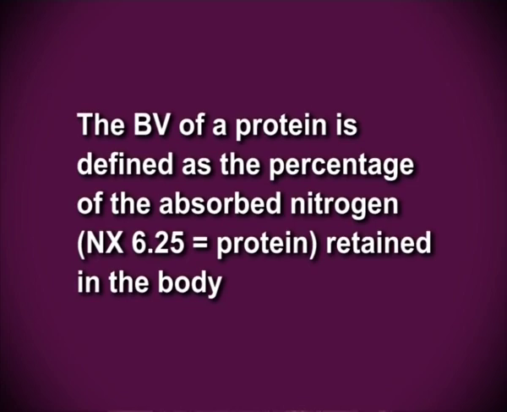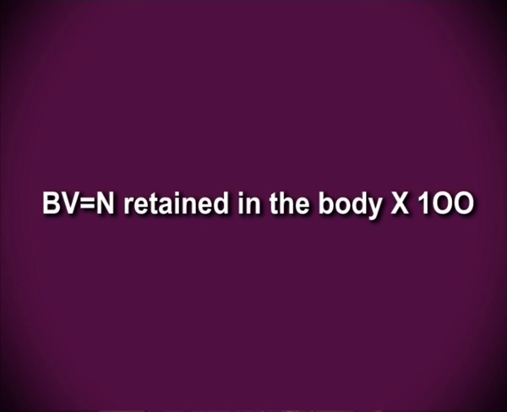The biological value of a protein is defined as a percentage of the absorbed nitrogen, that is N into 6.25, which is equal to protein retained in the body. Biological value is equal to nitrogen retained in the body divided by nitrogen absorbed, multiplied by 100. Protein quality is directly related to the biological value. The higher the biological value, the better the protein nutritionally.